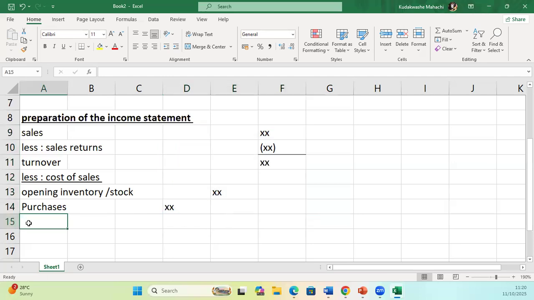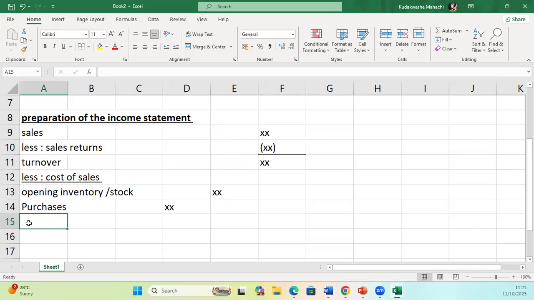Then when you buy something, you might be charged carriage cost. So the carriage cost, they actually increase the cost of purchases. If you are asked, how much did you buy this? You don't just talk about the purchase price, but you also include the cost of carriage.